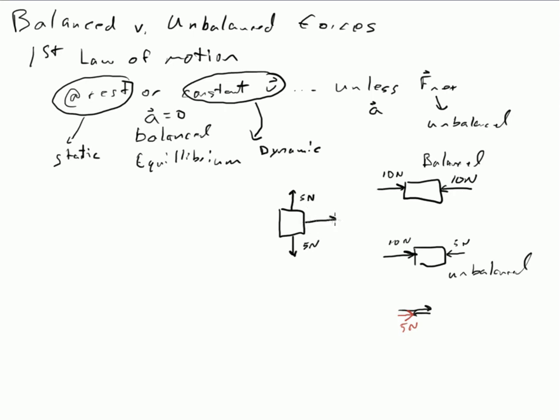We could have 7 newtons that direction, and say maybe only 4 newtons that way. And so here, vertically we're balanced. So here and here we're balanced, but the horizontal in here is unbalanced. So the whole thing is going to accelerate in that direction.